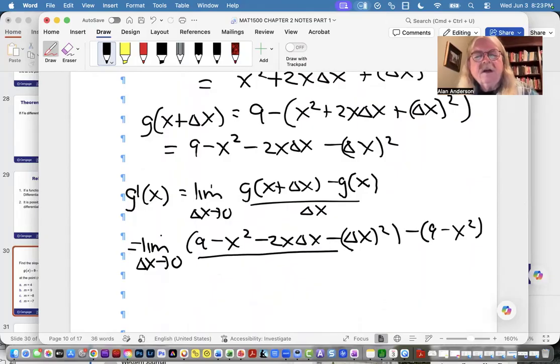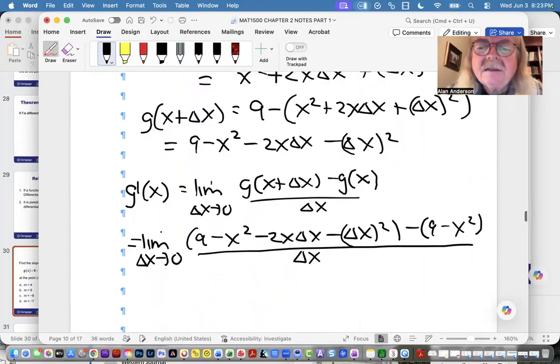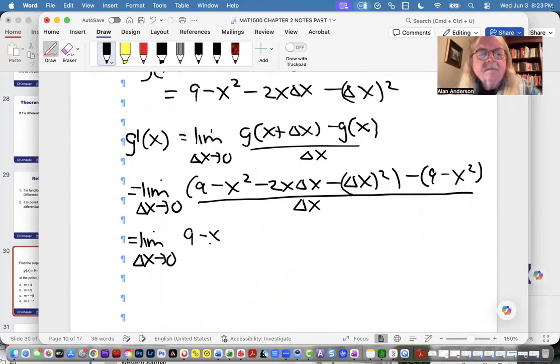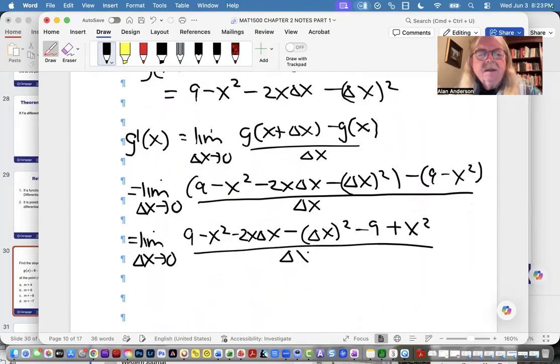And then, of course, we do not want to forget to divide by delta x. Now we can simplify it, and we should get some cancellation. So we have two, these drop out, these drop out.